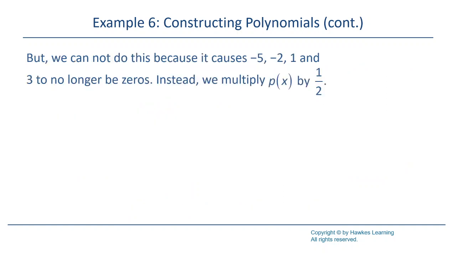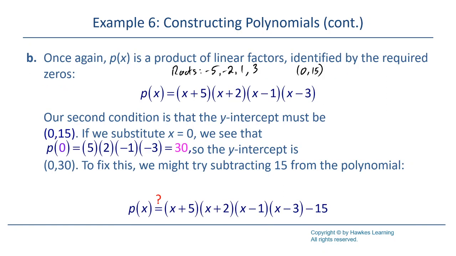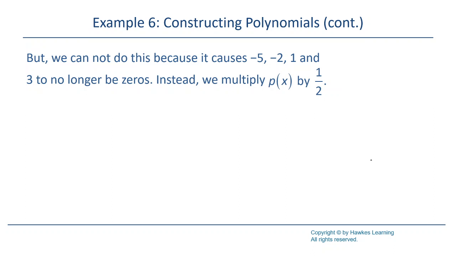So like before where we multiplied by -1, if this is 30 when I plug in 0, don't subtract, divide by 15. Or divide by a half, sorry, because it's coming out to be 30.